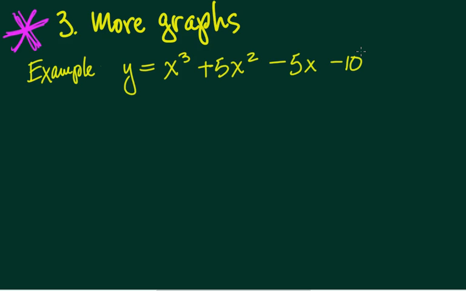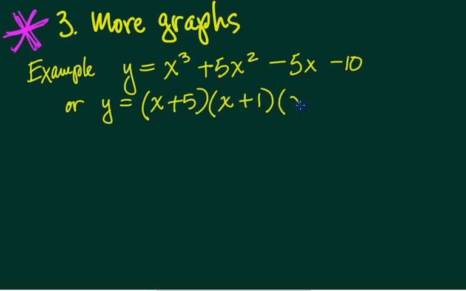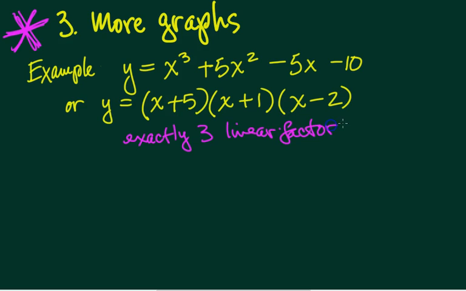Soon we will deal with how we know how to factor this into three pieces, but for right now, I'm sure you'll take my word for it when I tell you that this is equal to y is equal to (x plus 5) times (x plus 1) times (x minus 2). So we have exactly three linear factors for this polynomial of degree 3.